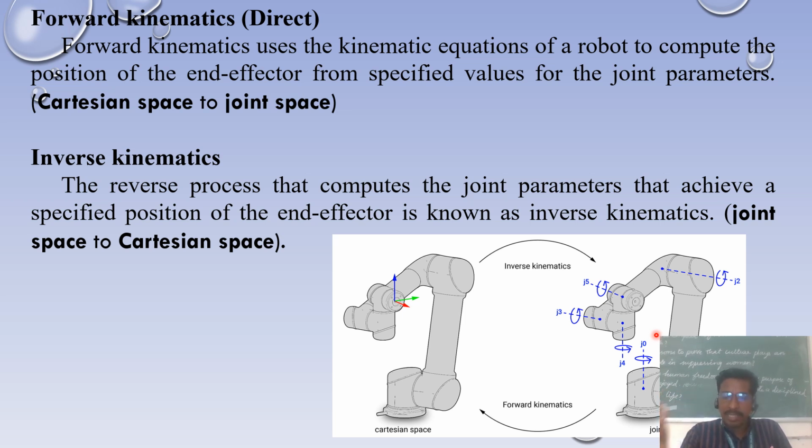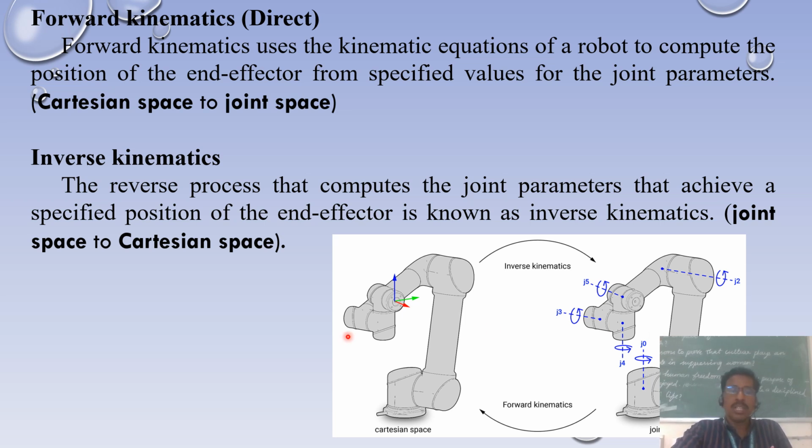So how many joint angles are required, how many rotations are required to settle in the same places. Then we can call it inverse kinematics, right. So that achieves the specific position of the end effector, known as inverse kinematics.